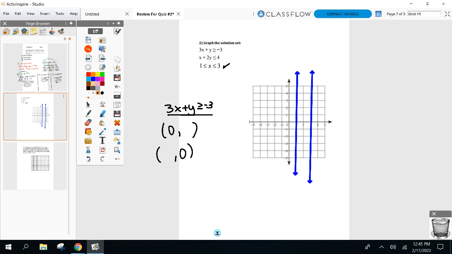Are we good? Negative 3 and negative 1? Negative 3 on the y, negative 1 on the x?